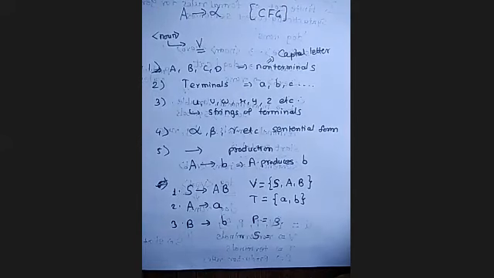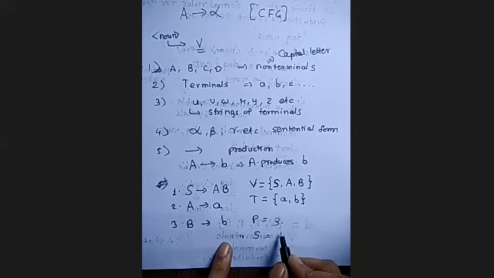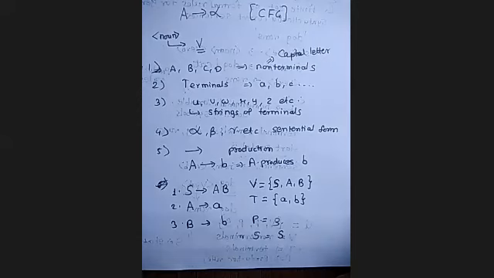What is the start symbol here? Start symbol is S, that is correct. So now you know. Can anybody tell me how many strings can be generated using these rules?